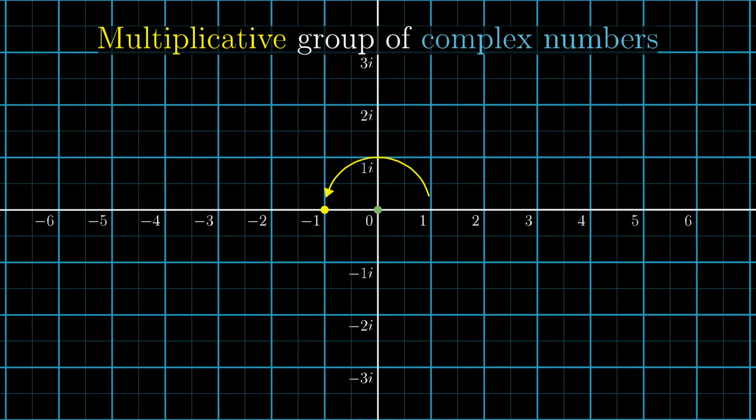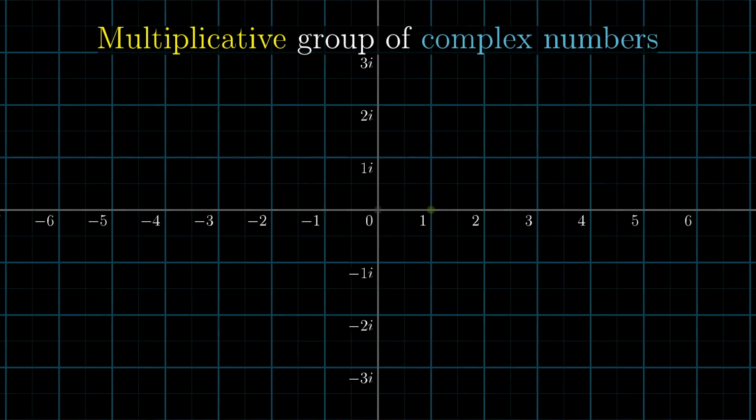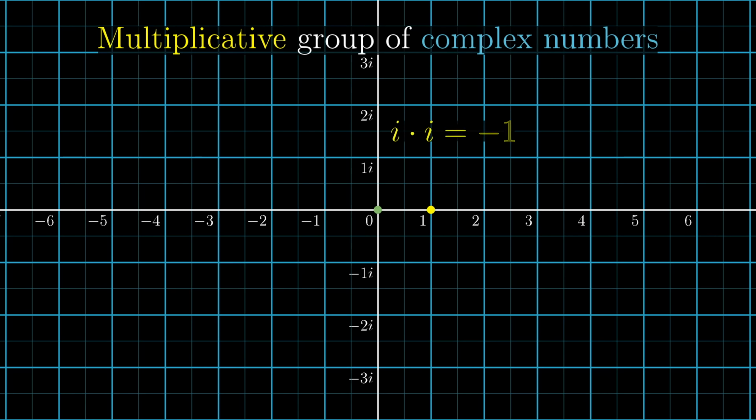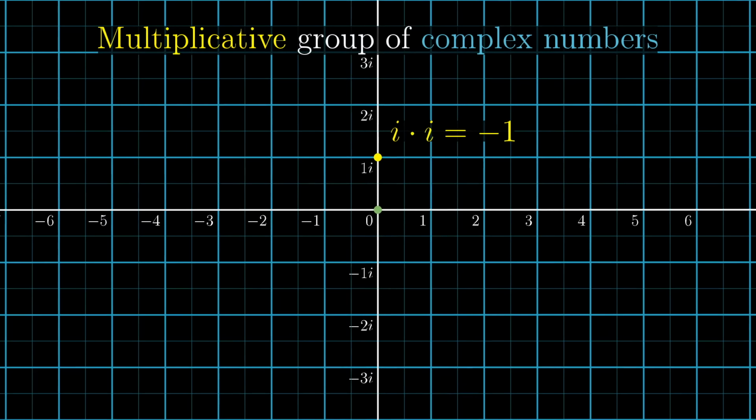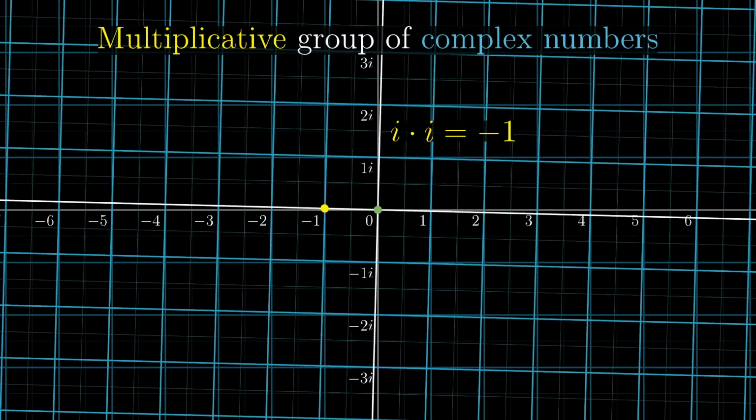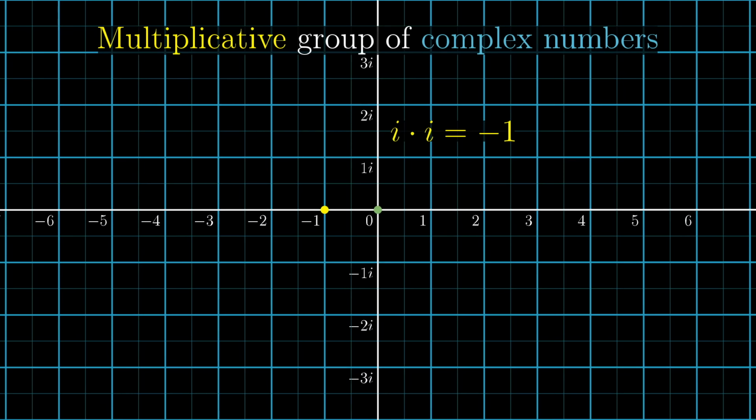And that is the unique action that brings the point at 1 over to -1. So in this sense, i times i equals -1, meaning the action associated with i, followed by that same action associated with i, has the same overall effect as the action associated with -1.